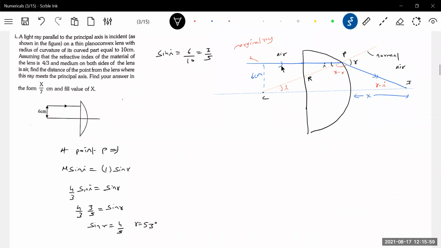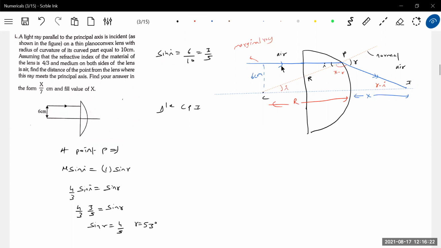Let's look at the triangle. From triangle CPI, we should calculate this distance x. Okay, what can be this distance? The remaining angle should be r.